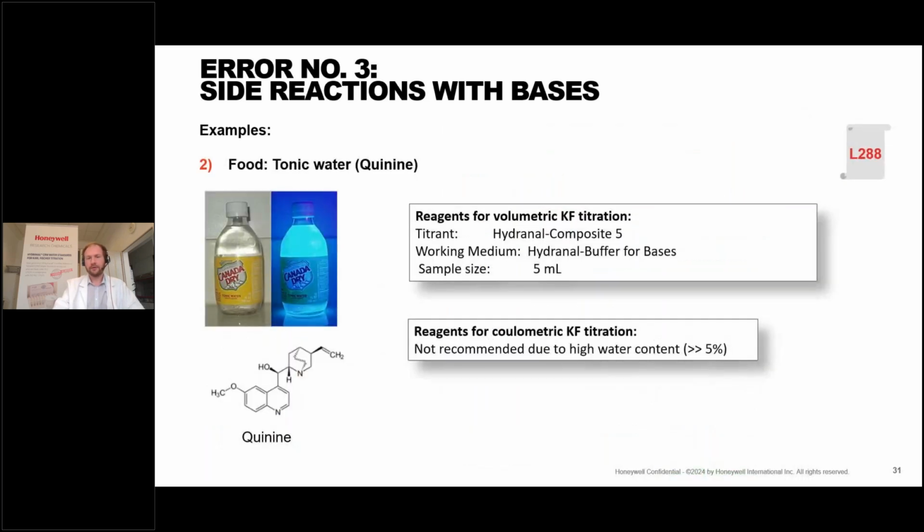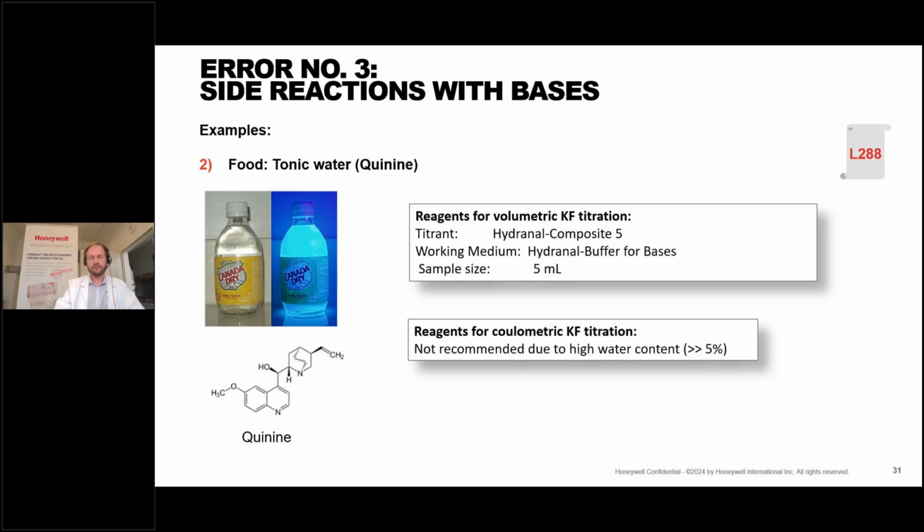For the food industry, I found an additive that is typically used for tonic water, which I like to drink. It contains a highly basic compound, which is quinine. For the titration of tonic water or even pure quinine, we would recommend using Hydranal Buffer for bases to get accurate results.